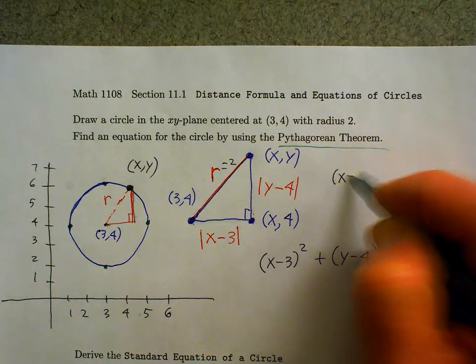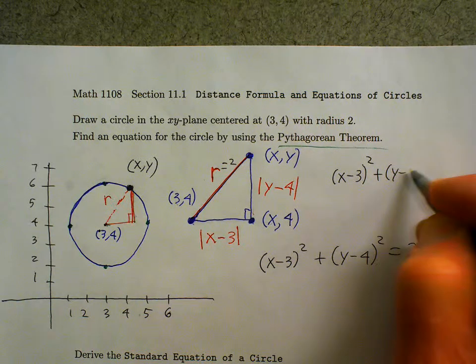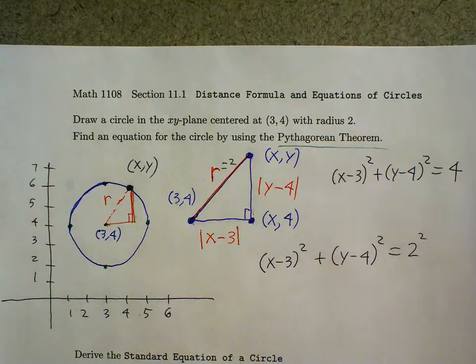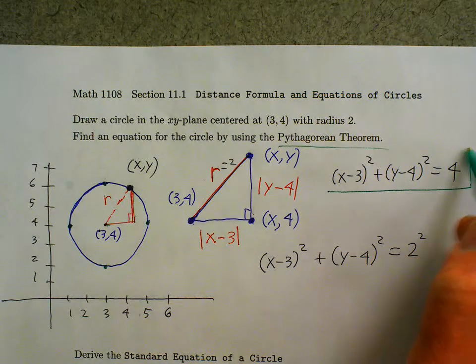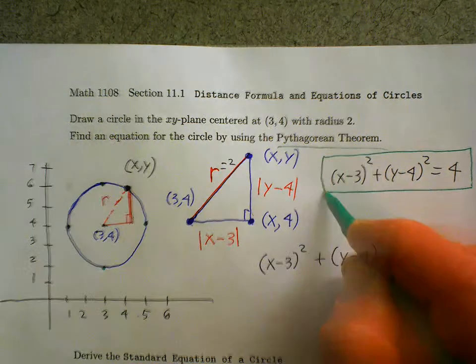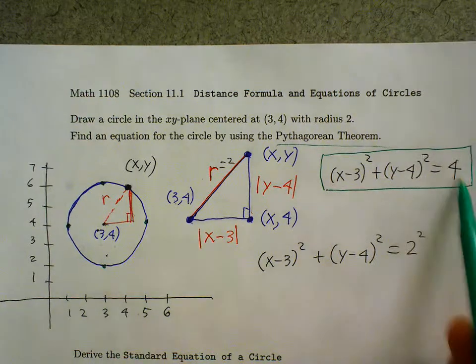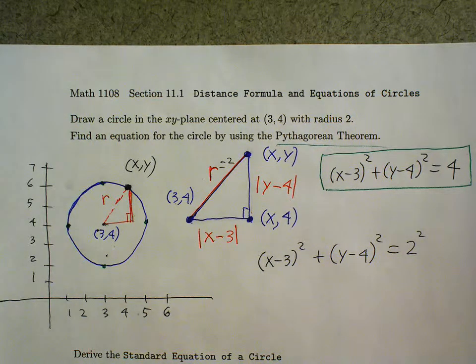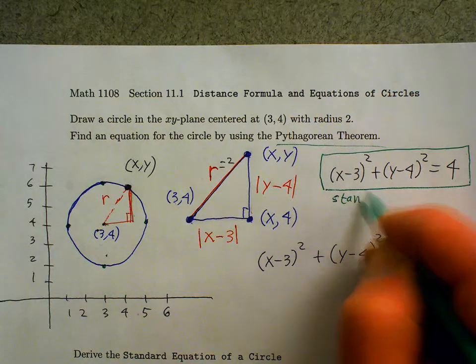So (x minus 3) squared plus (y minus 4) squared equals 4. This is the equation for the circle centered at 3, 4 with radius 2. This is referred to as the standard equation.